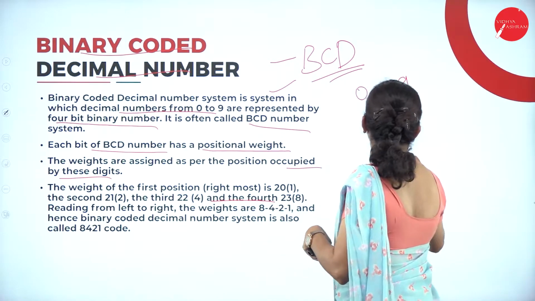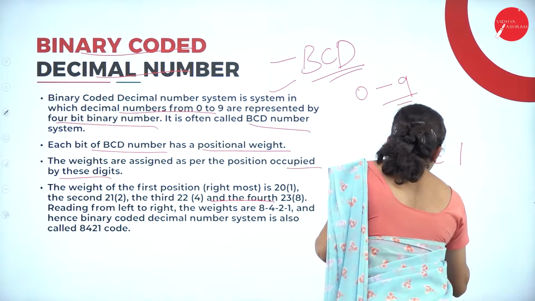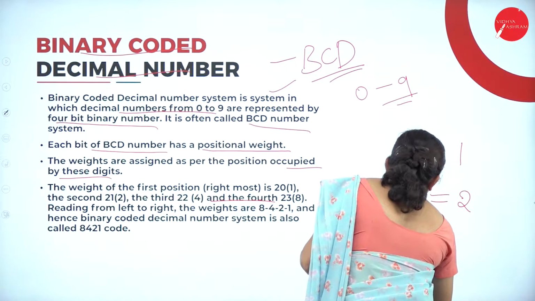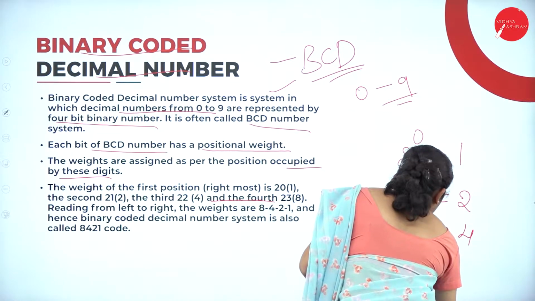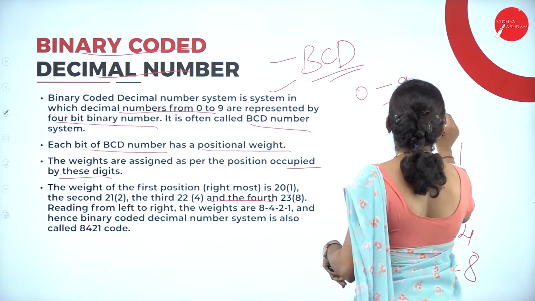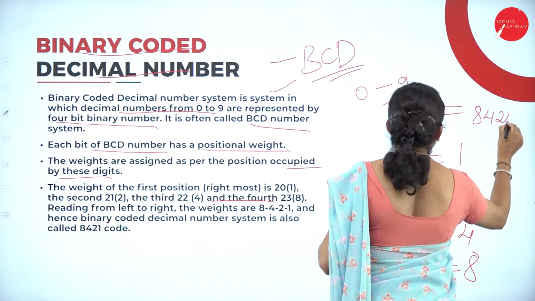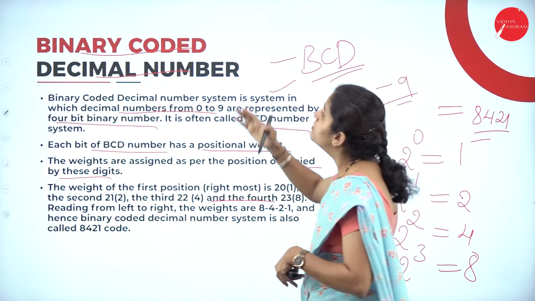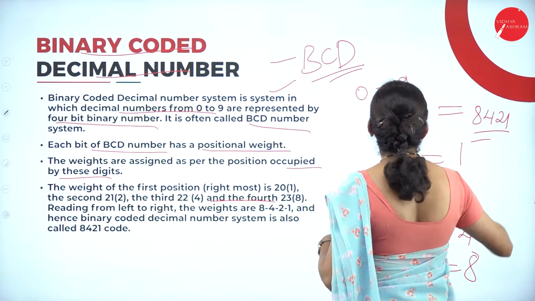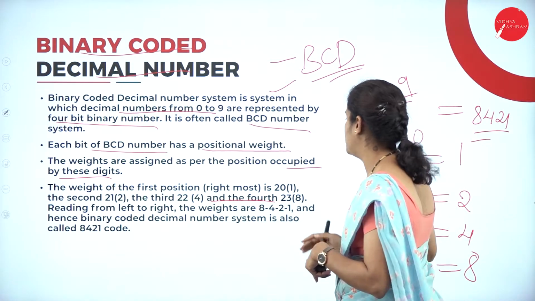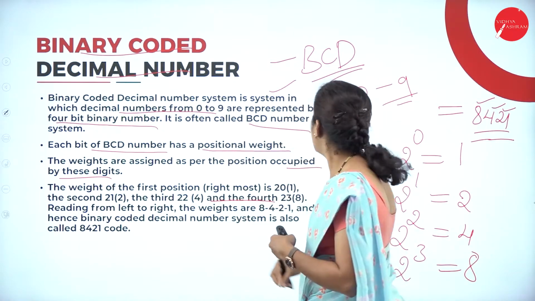That is 2 to the power 0 is always 1, then 2 to the power 1 equal to 2, 2 to the power 2 equal to 4, and 2 to the power 3 equal to 8. So BCD numbers are also called 8421. Based on the position, the weights are assigned.